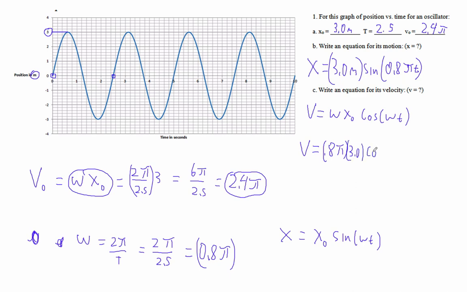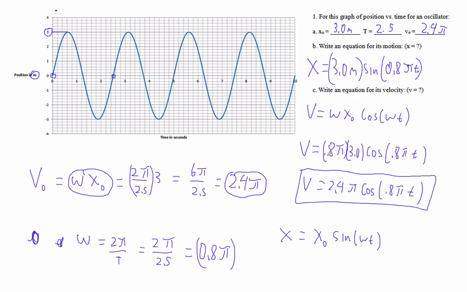And then that's cos 0.8 pi t, okay? And this times this becomes 2.4 pi cos 0.8 pi t. Sometimes you just have to make it a number, like just multiply it out, write down some sig figs, right?